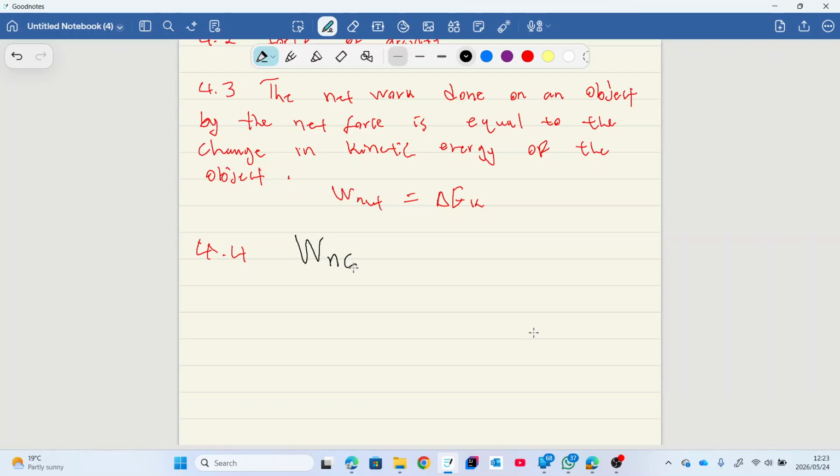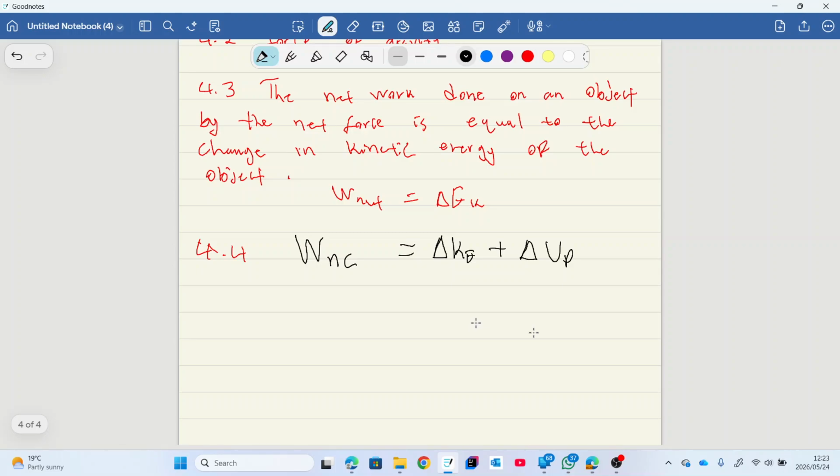Work done by NC, meaning work done by non-conservative forces, is equal to the change in kinetic energy plus the change in gravitational potential energy. Okay, this formula is given to you on your formula sheet.